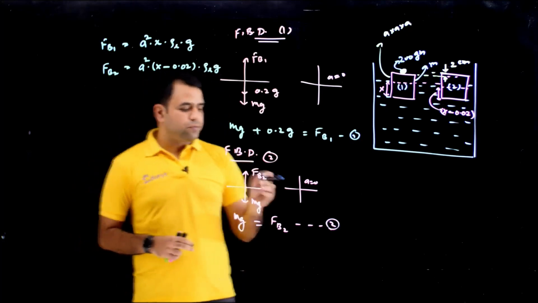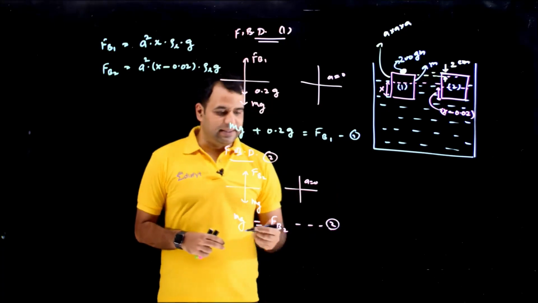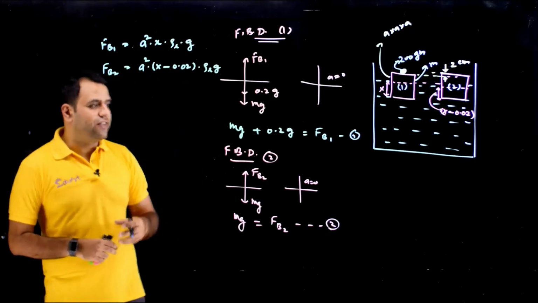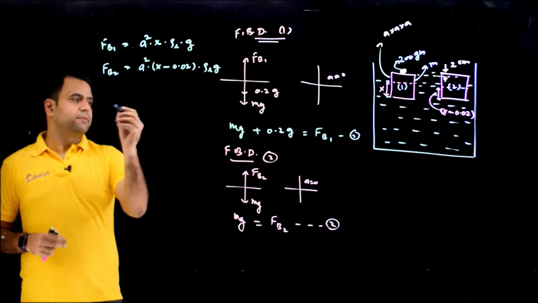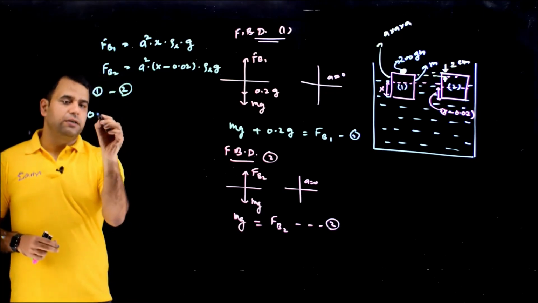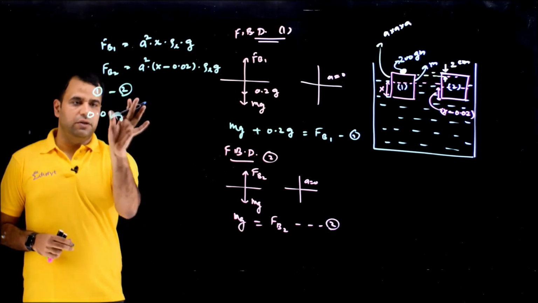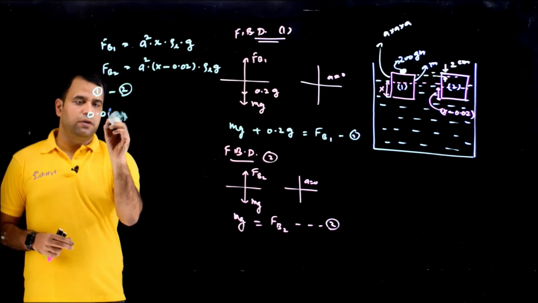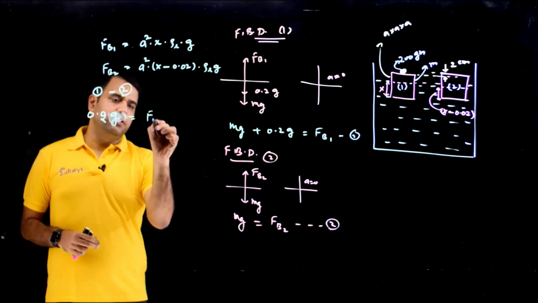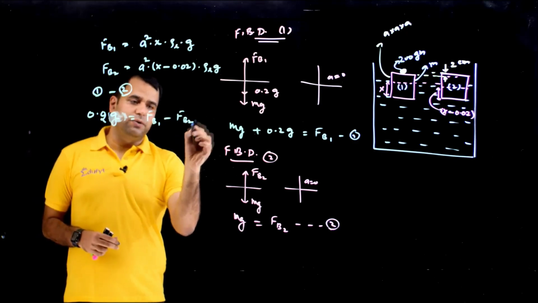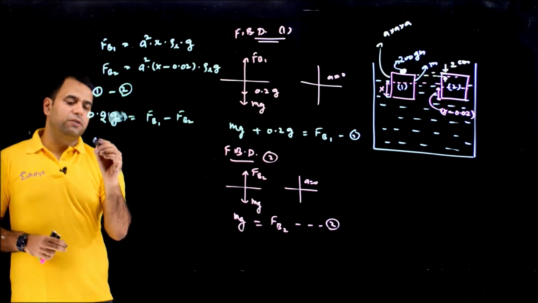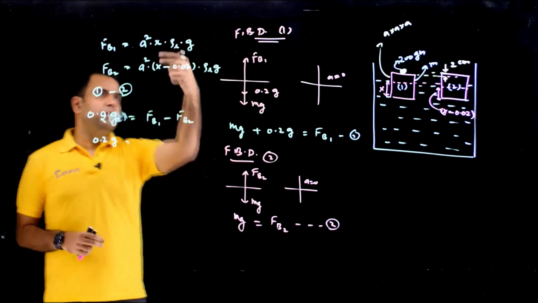So if I subtract these two cases, equation 1 minus equation 2, then it will be 0.02, it's not 0.02, it is 0.2 g, equal to FB1 minus FB2.